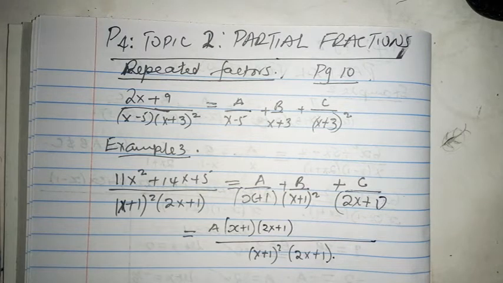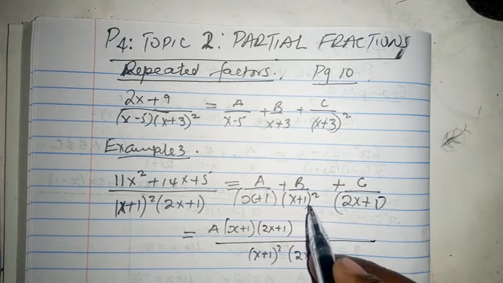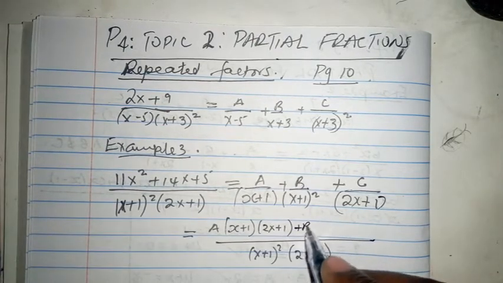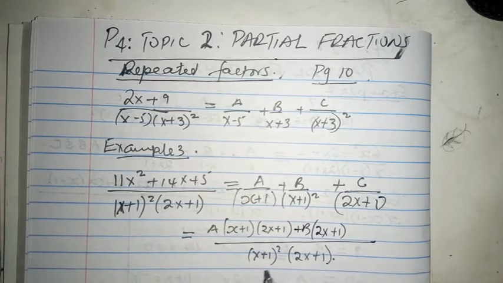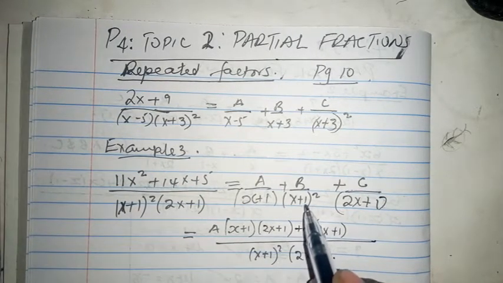That's what you get. And when you divide for b, you get 2x plus 1, because the denominator of b is x plus 1 squared.